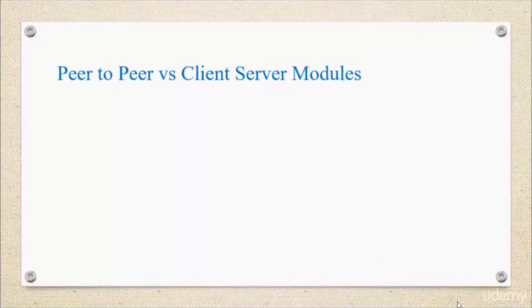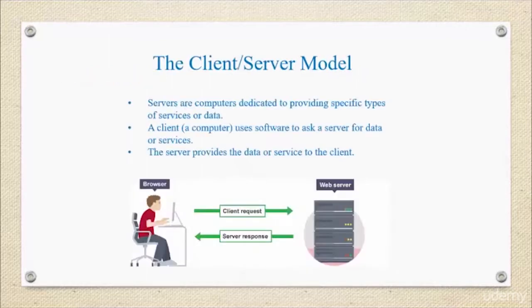Let's switch gears and talk about the client-server model, and we'll also talk about the peer-to-peer model. The client-server model depends entirely on devices called servers. Servers are computers that are dedicated to providing specific types of services or data.